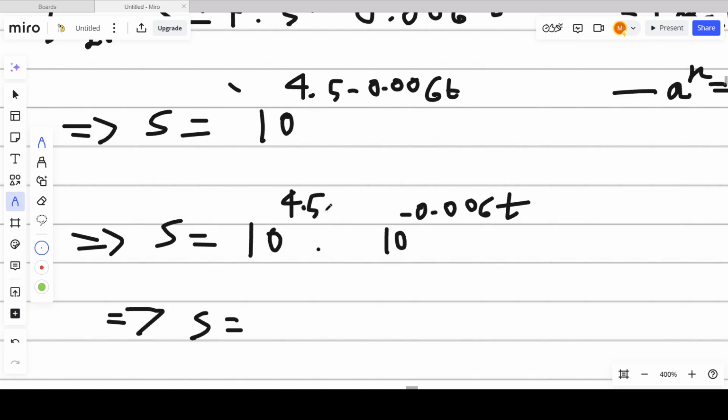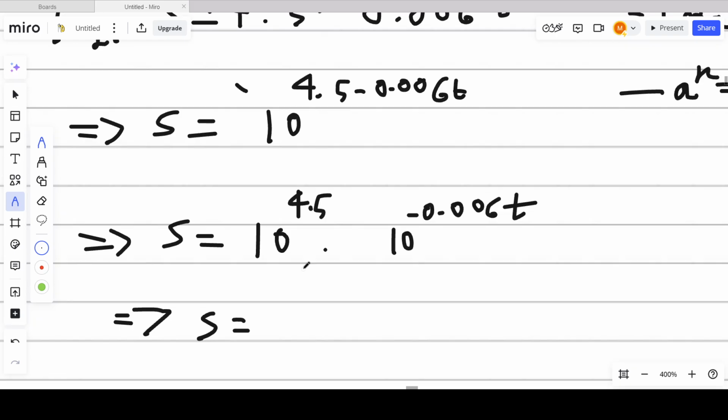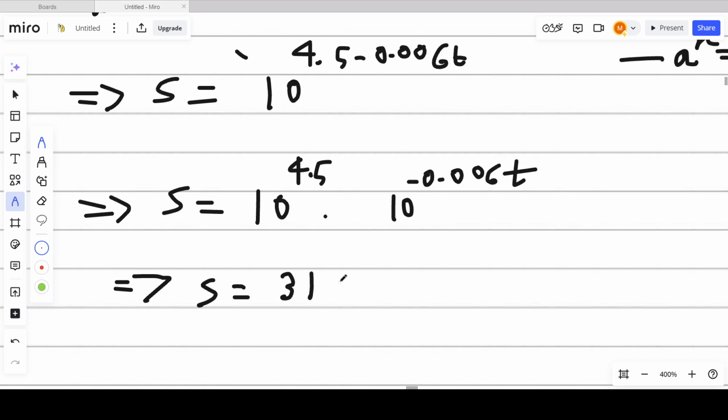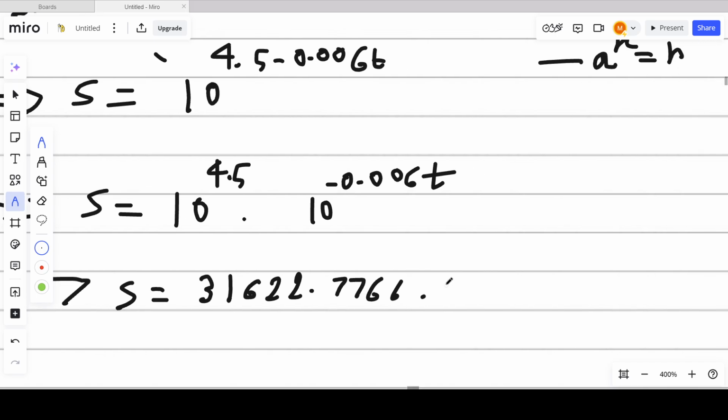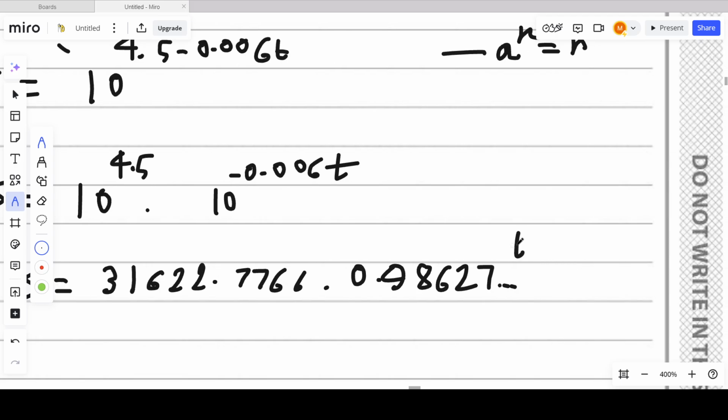The actual value of 10 to the power 4.5 is 31,622.7766, times 10 to the power negative 0.006, which is 0.9862 something like that, to the power t.